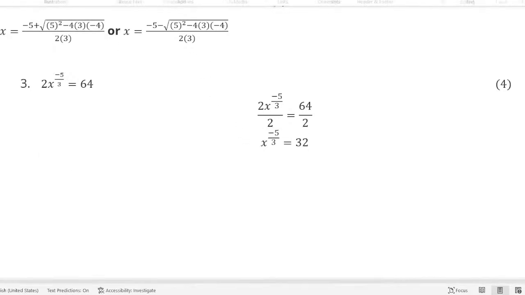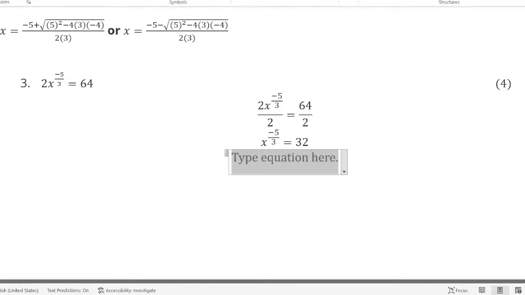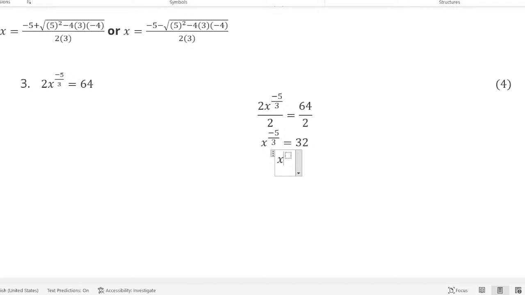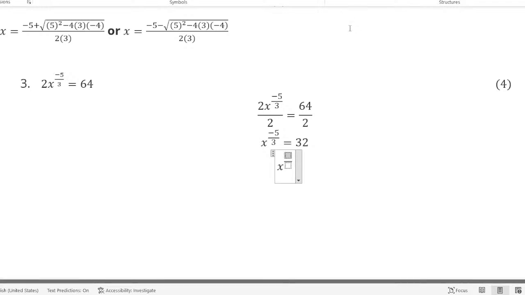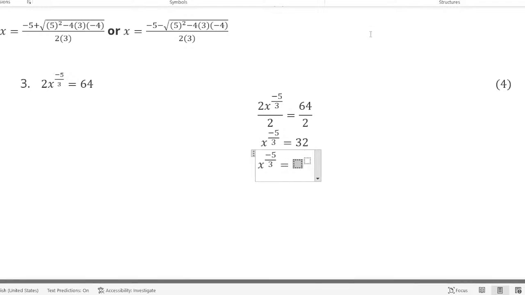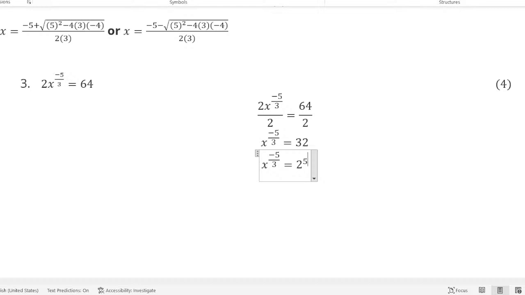So we're gonna say x to the power negative 5 over 3 is equals to, remember when you're changing 32 into exponential form, it's gonna be 2 to the power 5.